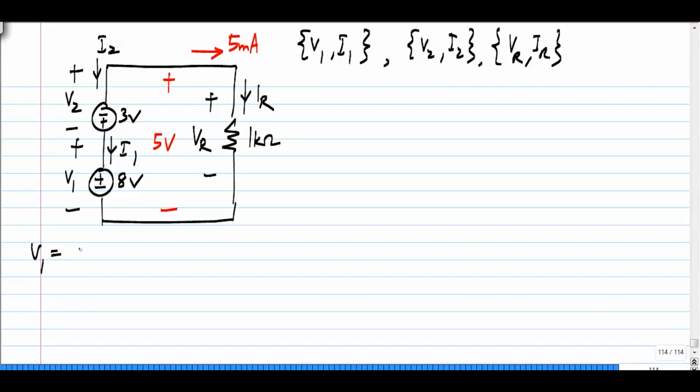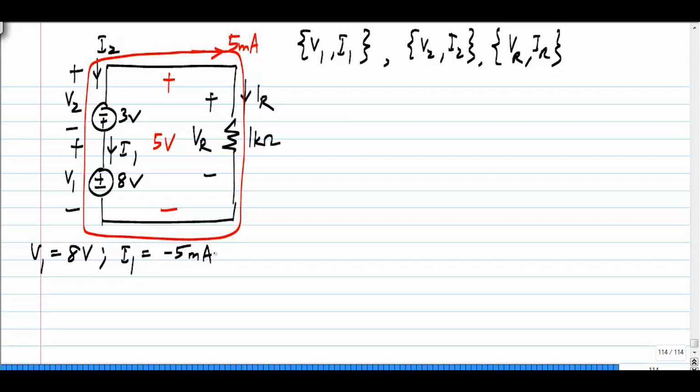So, first of all, V1 equals 8 volts, because it is the same as the voltage of the voltage source, and I1 is defined this way, but in the circuit the 5 milliamp current is flowing in the clockwise direction like that. So, I1 is minus 5 milliamperes. And their product V1 I1, the power absorbed by the 8-volt voltage source is minus 40 milliwatts.